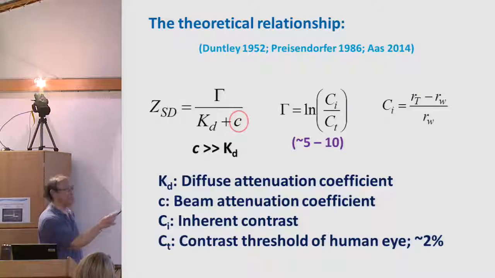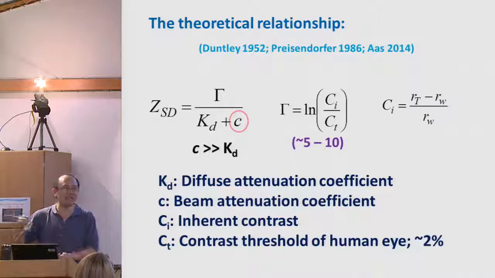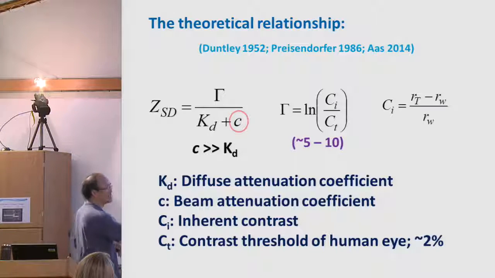And actually, C is much, much bigger than KD because C is a beam attenuation. It's A plus B. KD is A plus BB. And we have talked, B is 50 times greater than BB, right? So C is significantly greater than KD.